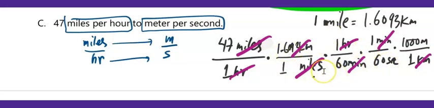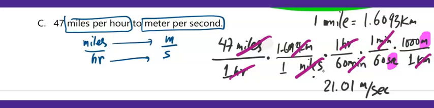If you do all the math in the calculator, the final answer is going to be 21.01 meter per second. Okay, because meter survives here, second survives here, only these two units survive. The answer is going to be 21.01 meter per second.